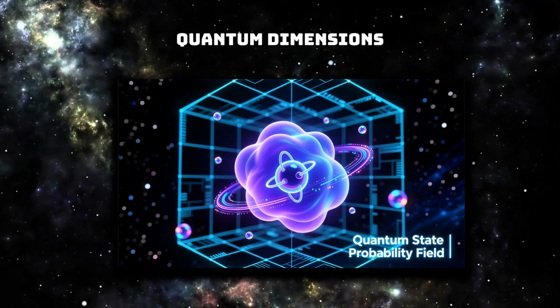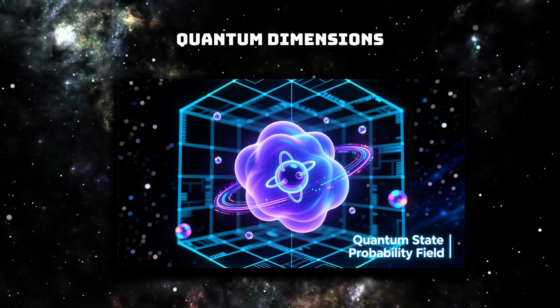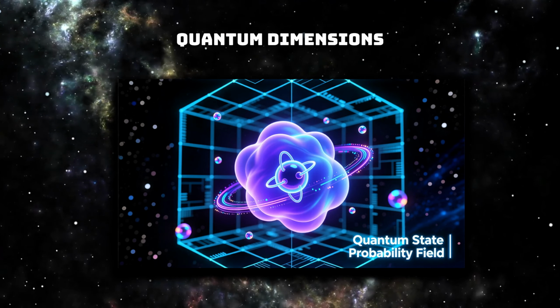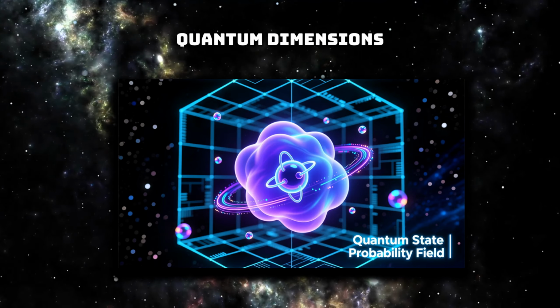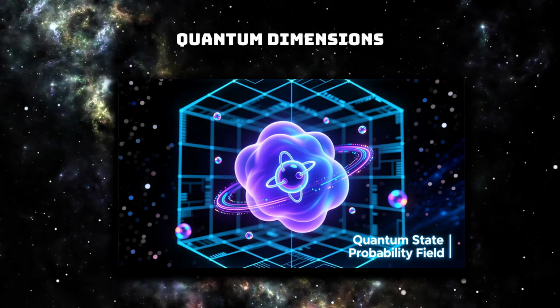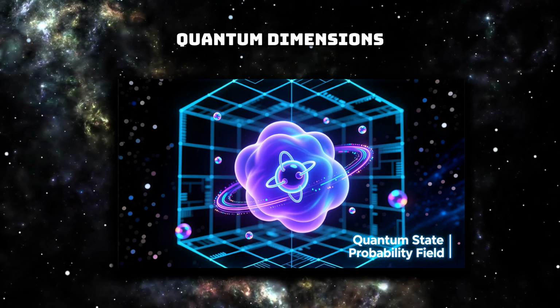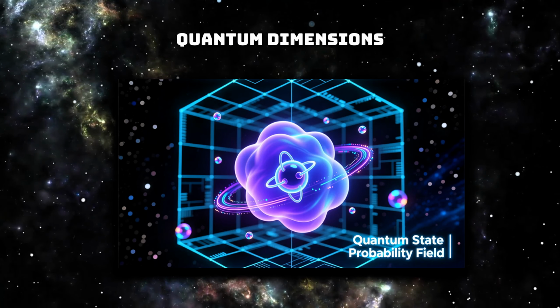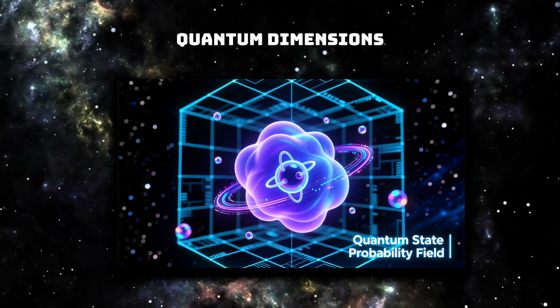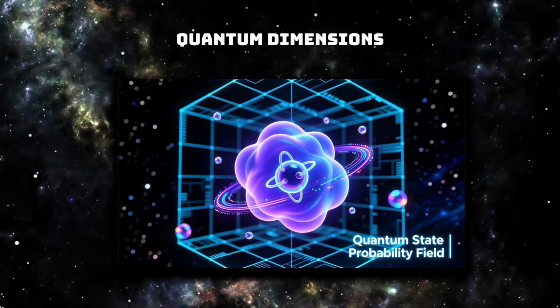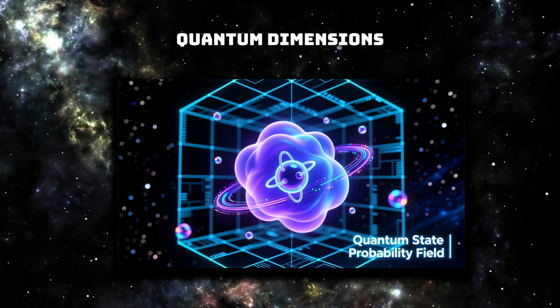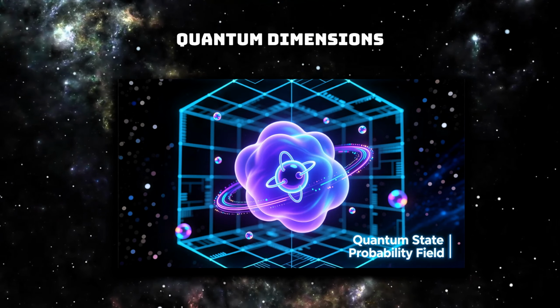For example, to fully describe an electron orbiting a nucleus, you might need multiple quantum numbers like n, l, m, and spin. Each of these adds a new dimension in Hilbert space. The more complex the system, the higher the dimension of its Hilbert space. A single electron might require a handful of dimensions.